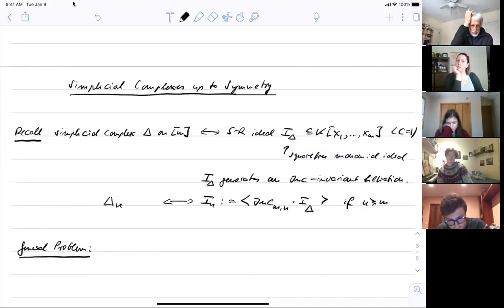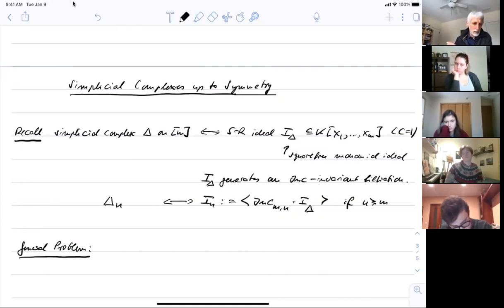And so, then we have a sequence of simplicial complexes, and by the way we produce the corresponding ideals, they all look similar. So we can hope, well, how similar do the simplicial complexes look?